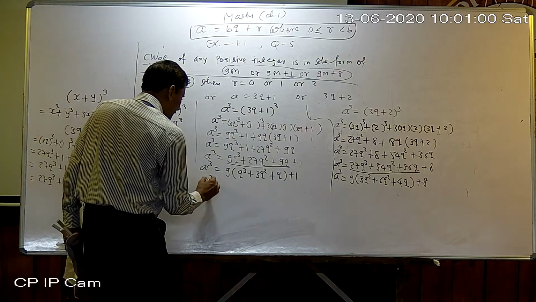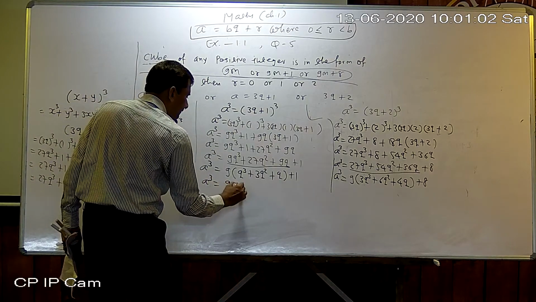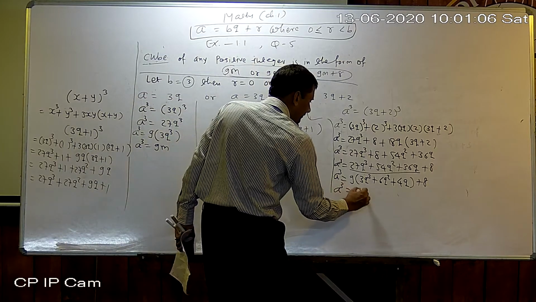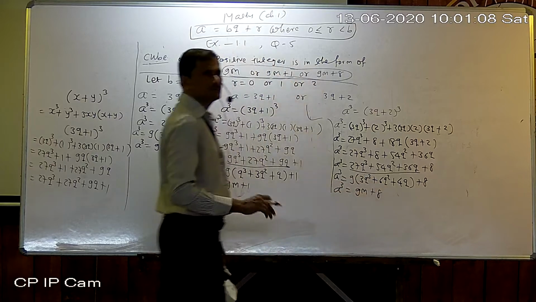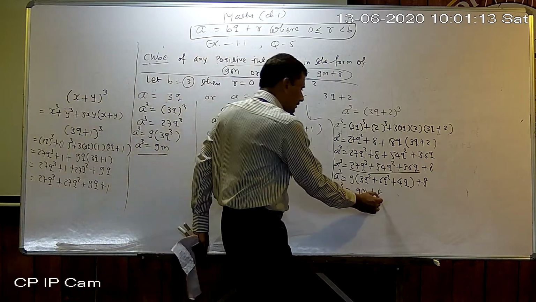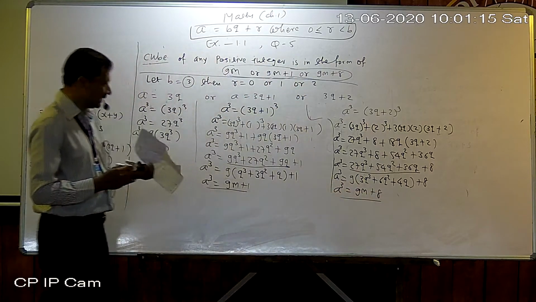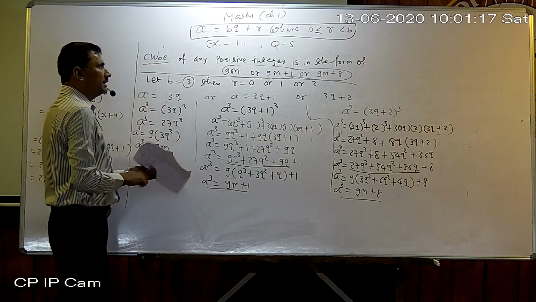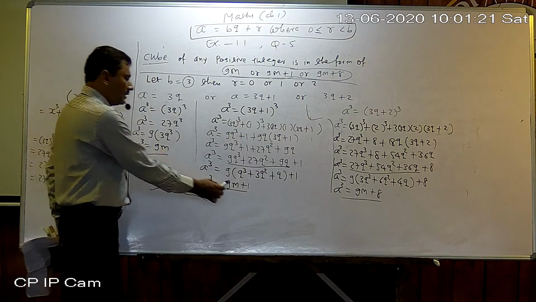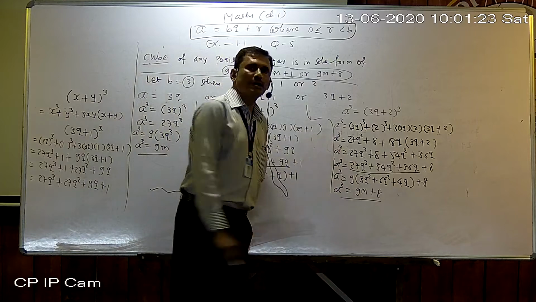A cube equals 9m plus 1. A cube equals 9m plus 8. Okay, same thing only. Then at last you just give your conclusive answer that the cube of any positive integer is in the form of 9m or 9m plus 1 or 9m plus 8.